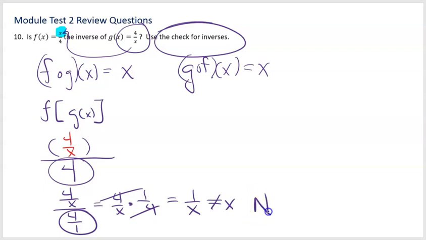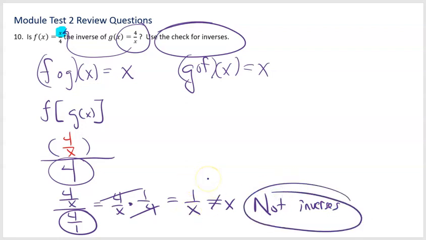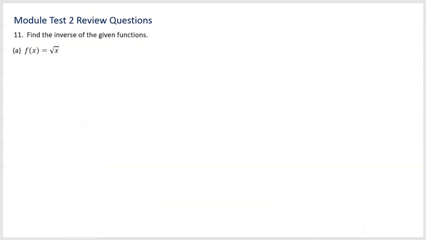So these are not inverses of each other. You don't even have to check the second part, because if the first part fails, if you don't get x, then they're not inverses of each other. If you want to check the other one, it works very similar to what we just did, but it's not required.